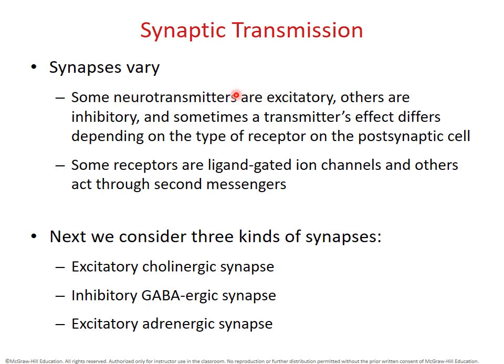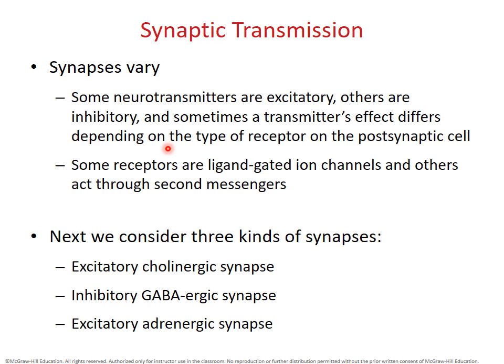Of course, different neurotransmitters can have different effects. One can be excitatory, one can be inhibitory. But what's also interesting to note is that a single neurotransmitter may have different effects based on the type of receptor in the postsynaptic cell. So epinephrine, for instance, norepinephrine, which is the more common of the two, norepinephrine as a neurotransmitter might excite one cell but inhibit another.